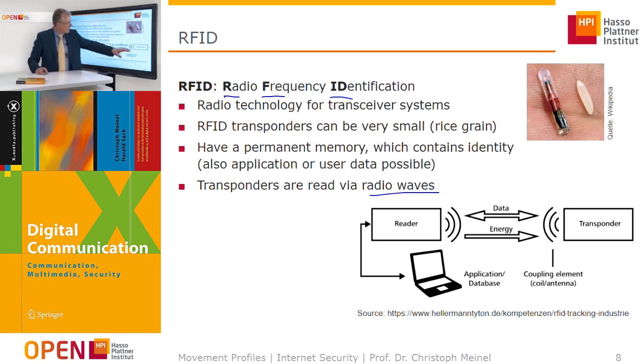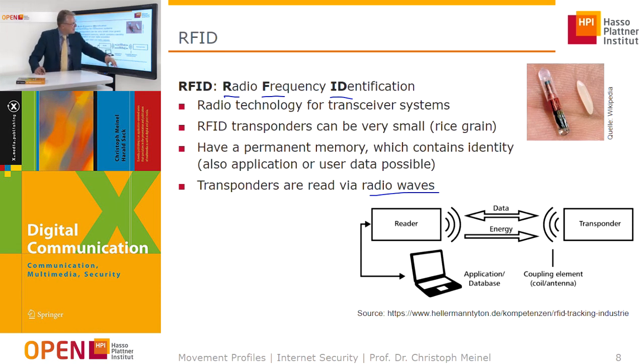So if such a transponder comes close to an RFID reader, the RFID reader can receive data, can send data, can also send energy, and then the reader can pass the data to any kind of application or database.